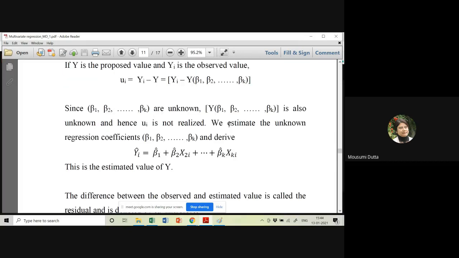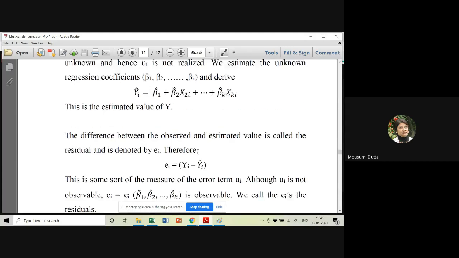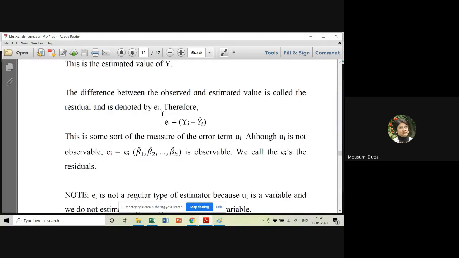So we started with differences between observed and actual. We understand that this ui is not realized because Y is a function of unknown parameters, and therefore ui is also a function of beta 1, beta 2 to beta k. So what we need to do is frame a function of estimated values of the parameters, given by yi hat, and take the difference between observed and estimated.